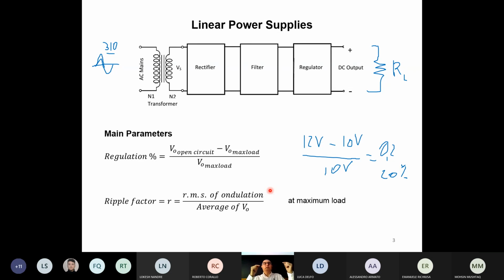While if we use the ripple as just the peak to peak amplitude of the variation, this variation may have different shapes. So if the shape changes, the ripple will change. While if you use the root mean square value, so the power associated with the ripple, that's a more precise measurement of the ripple itself.